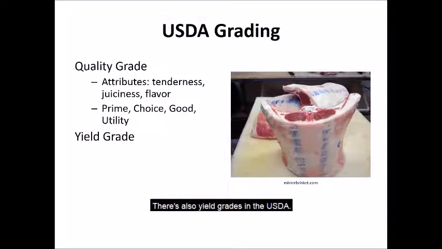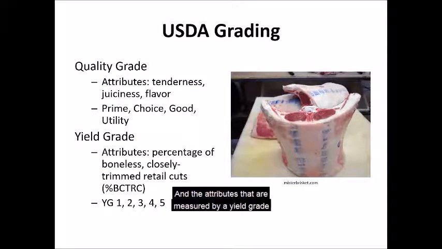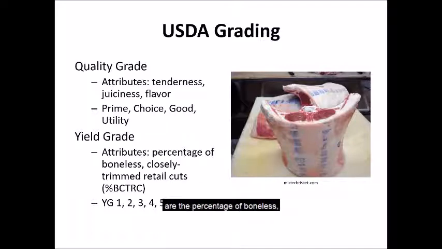Okay, there's also yield grades in USDA, and the attributes that are measured by a yield grade are the percentage of boneless, closely trimmed retail cuts, or you'll see BCTRC as an abbreviation, that come from a carcass.